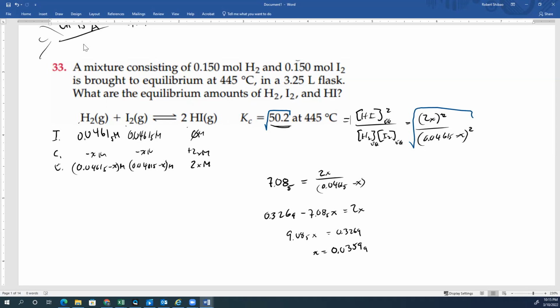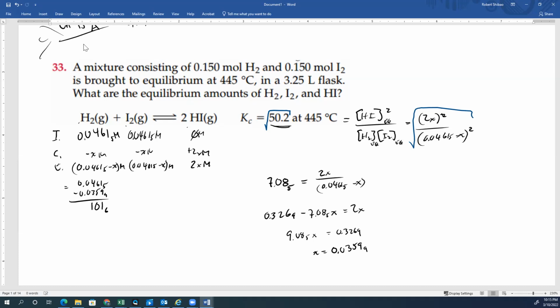The first thing is I need to calculate the molarities here. So this is 0.04615 minus 0.03599. What does that come out to? It's going to be 15 minus 9 is 6, then 10 minus 1, 5 minus 5 is 0.